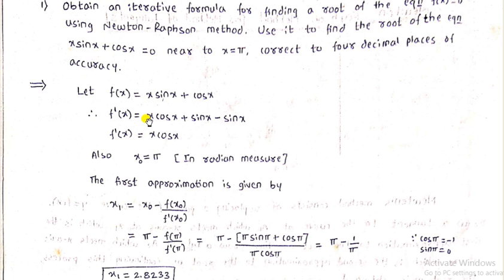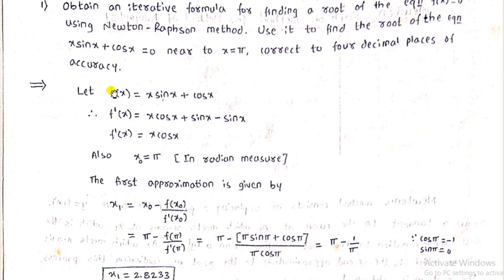So keep x as it is. Differentiation of sin x is cos x, plus now differentiation of x is 1 into sin x, then differentiation of cos x becomes minus sin x. So plus sin x minus sin x cancelled out. Our f dash of x function becomes x cos x.